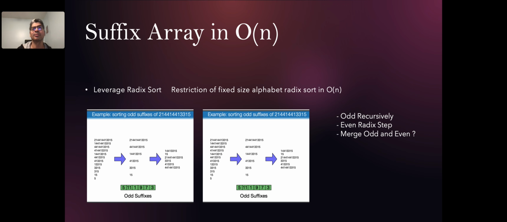So, for example, imagine I have the odd suffixes sorted. I can get the even suffixes sorted with a single radix step, by just sorting the additional character that was added there.